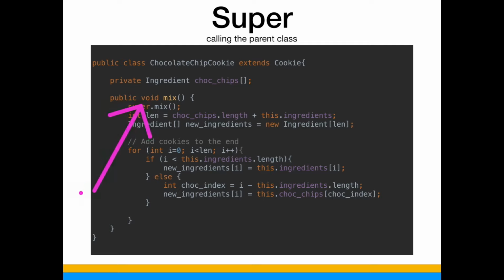Right here, we're overriding the mix method, but we are also doing the traditional mix and then adding the rest of the ingredients on top. So we're doing the mix of the butter, milk, sugar, whatever, and then afterwards we're mixing in more ingredients, which are the chocolate chips. So this is a good way to represent when we actually need to call the super method, because we want to preserve the initial behavior and extend it.